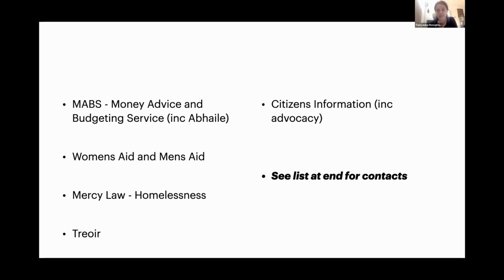Women's Aid and Men's Aid both have excellent supports for people who need to bring an application to court for domestic violence. Both of them will assist people in getting the paperwork together for the protection order or the interim barring order, and they will also accompany them to court. Particularly in courts outside Dublin, where we don't have dedicated family law courts, a domestic violence case could quite easily go into the local criminal law day or the civil or licensing law day, and that can be very intimidating for people.